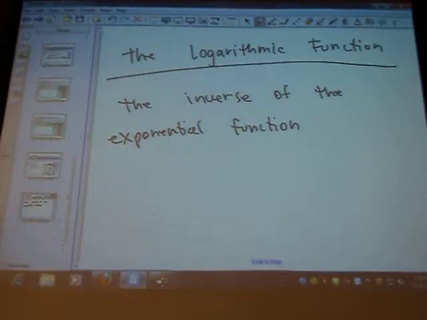No. That kind of makes me happy. The square root is the opposite of a fixed power of 2. What we need to do is find the opposite of a changing power, of a variable power.